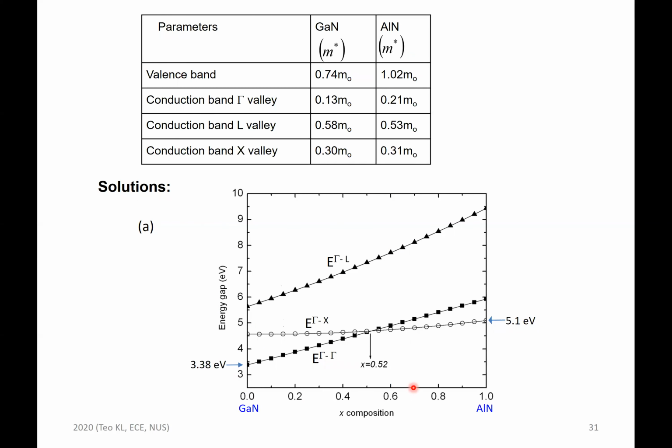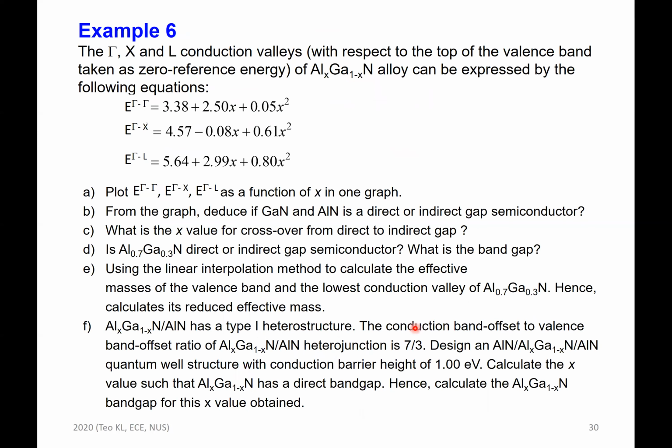So when x goes to 0.7, you can read out from the graph, and it will be on the E gamma X curve. If you want to be exact, you can substitute x equals 0.7 into the equation for E gamma X. You will get the band gap energy value for the aluminum gallium nitride with 0.7, or 70%, of aluminum.